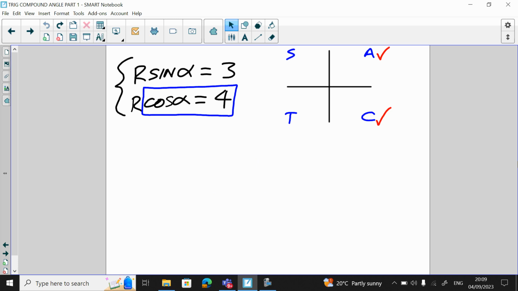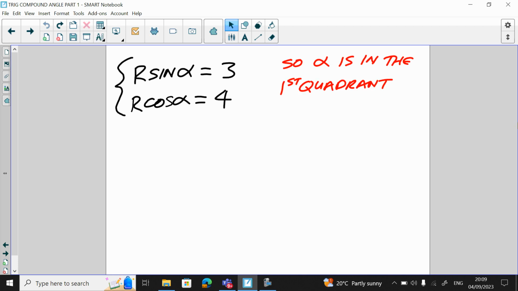All and Cosine. So what you should have on your page is 3 ticks, and what you're interested in is which quadrant has the 2 ticks. It just so appears it's the first quadrant, that's fine. Since we're dealing in degrees here, alpha is between 0 and 90.